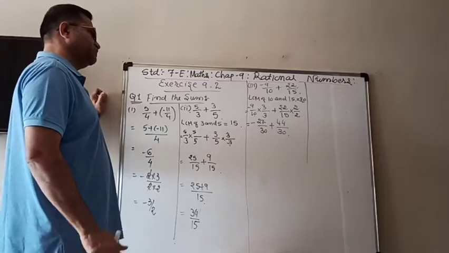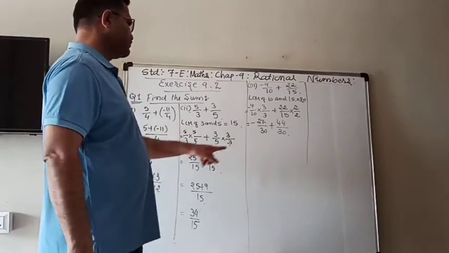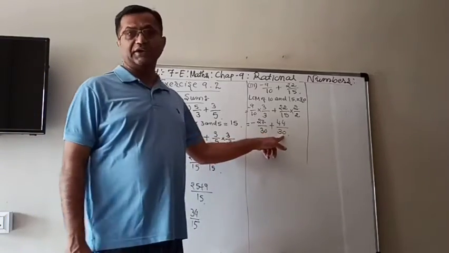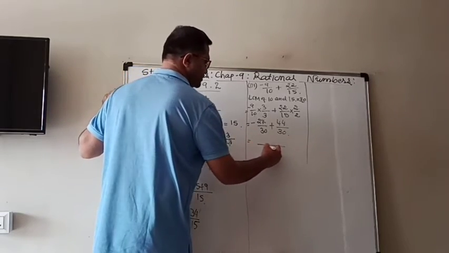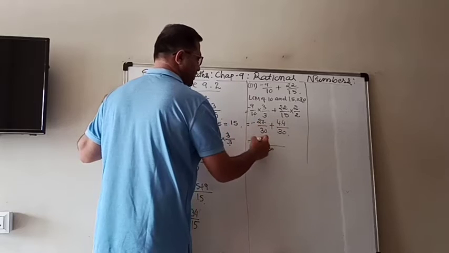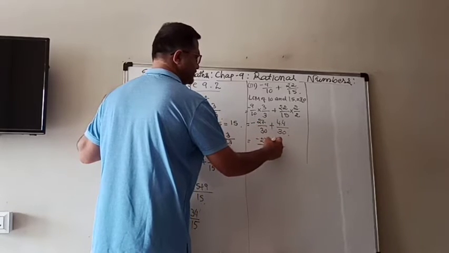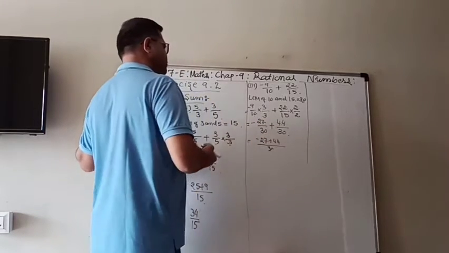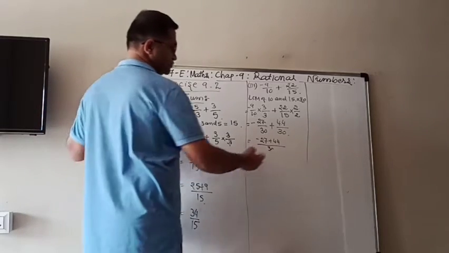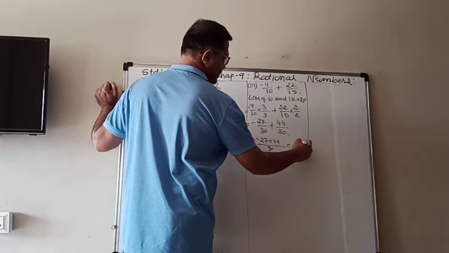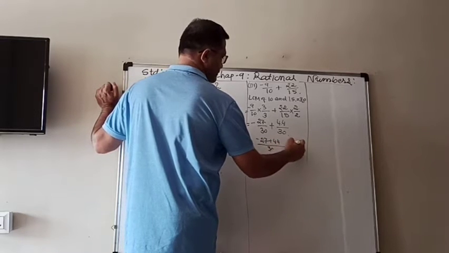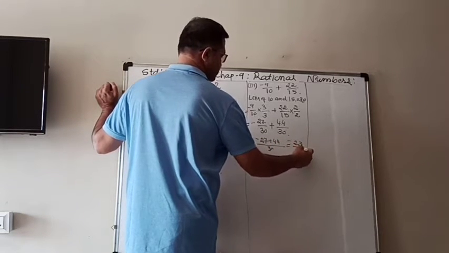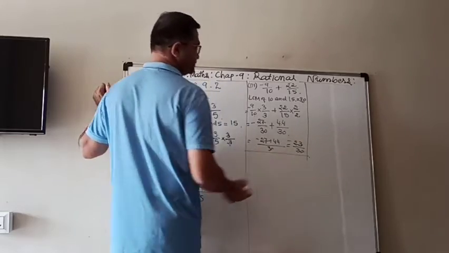Now we have converted them to the same denominator. Keeping the same denominator, we add: minus 27 plus 44, that is 44 minus 27, which is 17. So the answer is 17 upon 30.